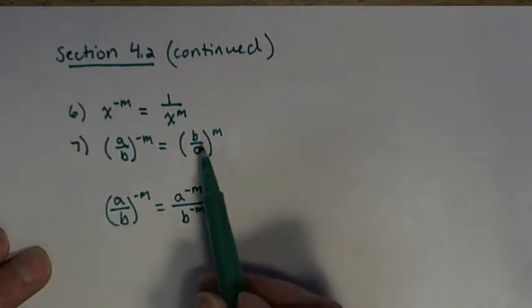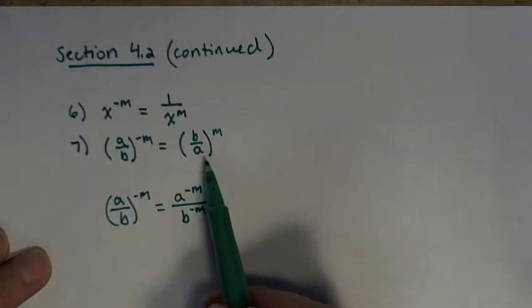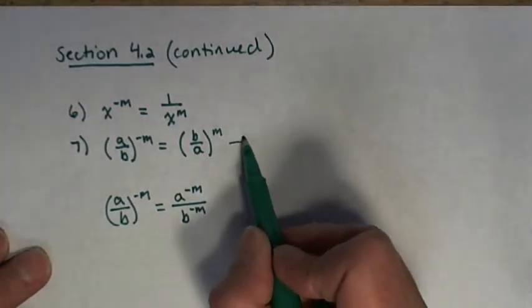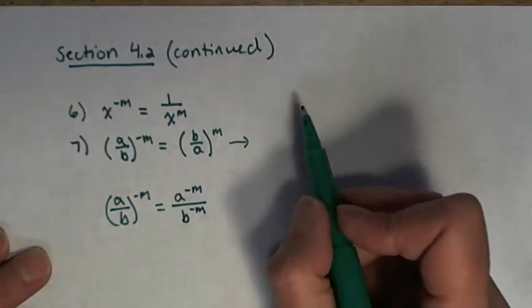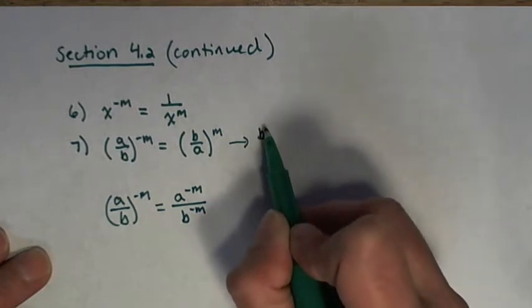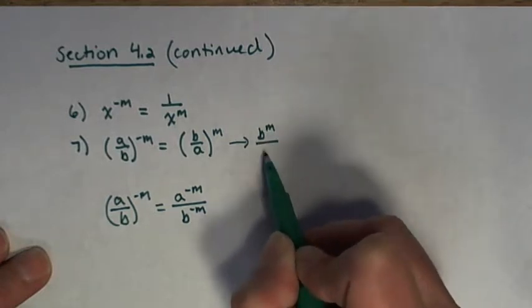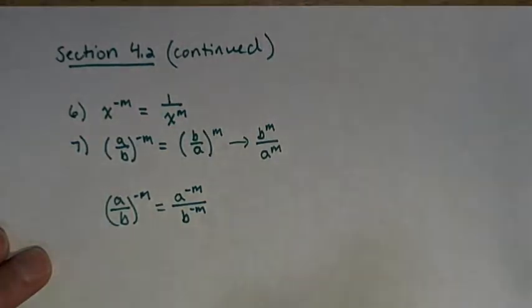Well, if you look at the rule itself, I could apply the expanded power rule here as well and say that this is b to the m over a to the m. Again, that would be simplifying that down a little bit further.